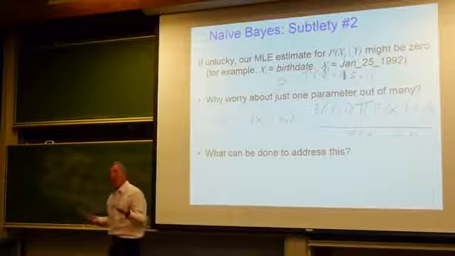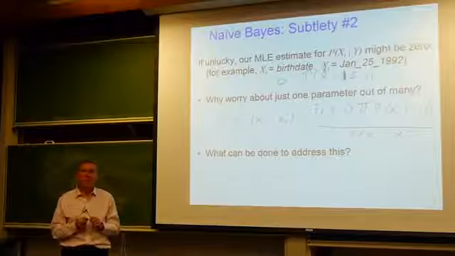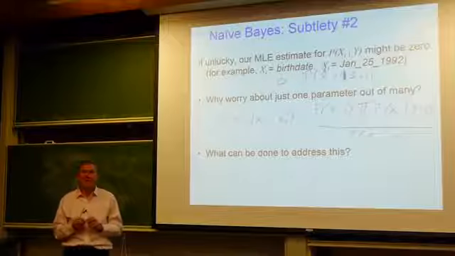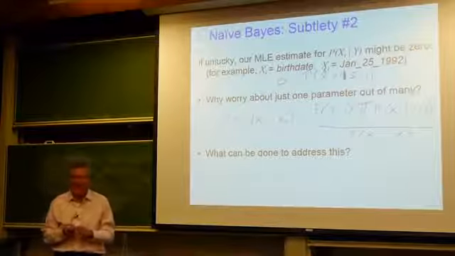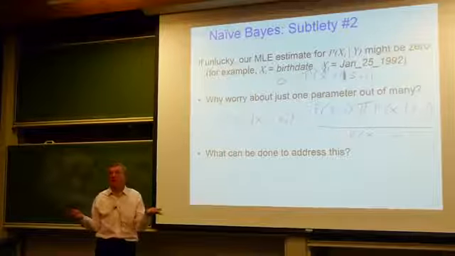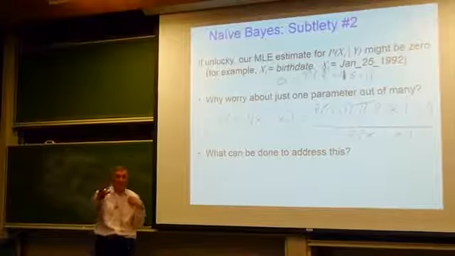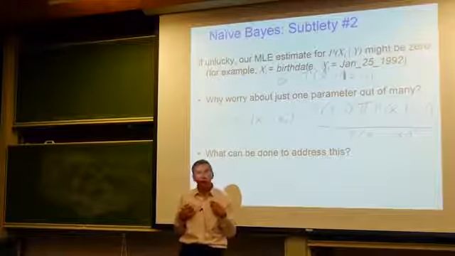So how can we get around that? Suggestions? You know the answer. We can use a prior. Instead of using a maximum likelihood estimate, we could use a MAP estimate and put a prior.